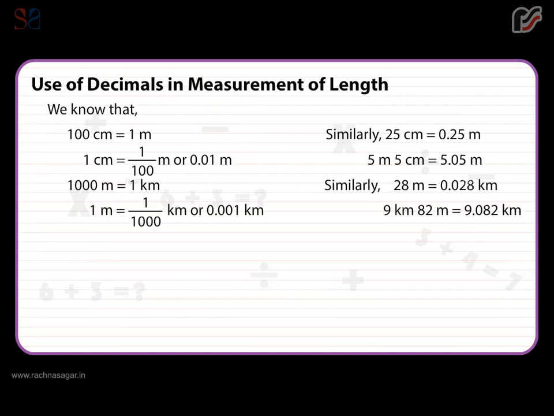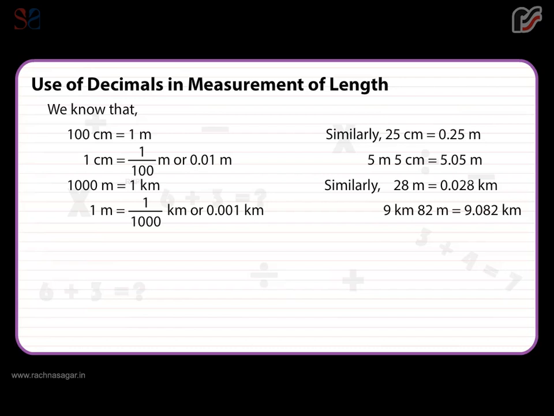Use of decimals in measurement of length. We know that 100 centimeter is equal to 1 meter. Therefore, 1 centimeter is equal to 1 upon 100 meter or 0.01 meter. 1000 meter is equal to 1 kilometer. 1 meter is equal to 1 upon 1000 km or 0.001 kilometer.